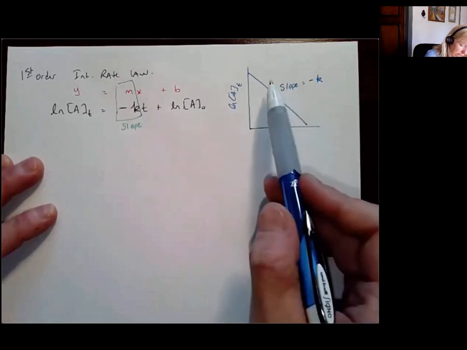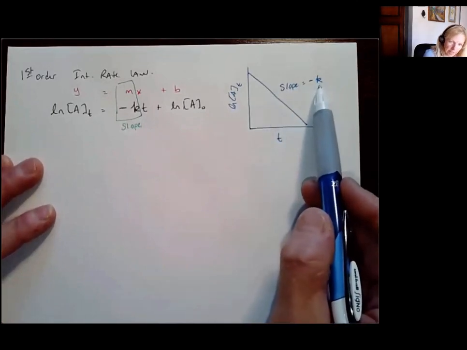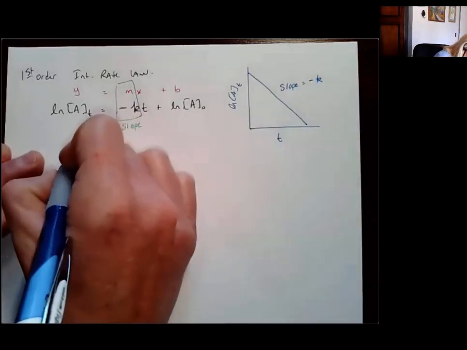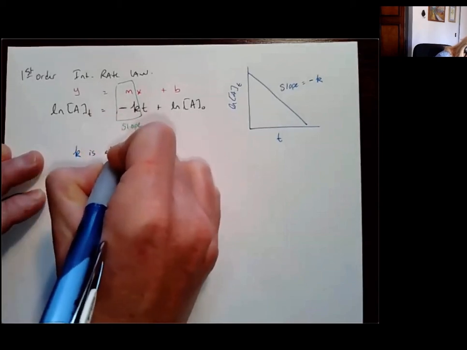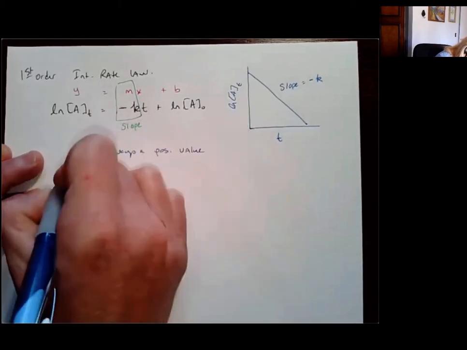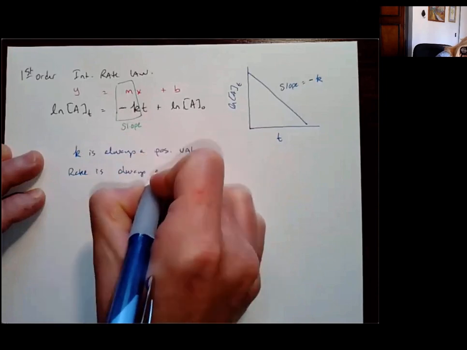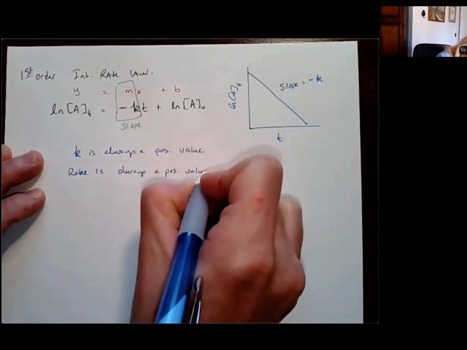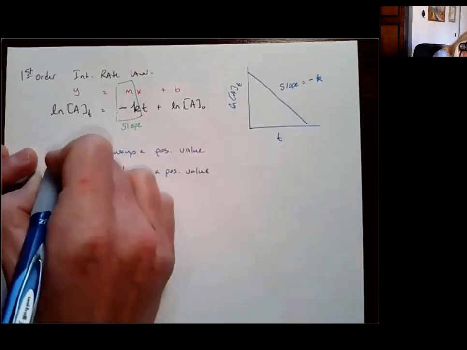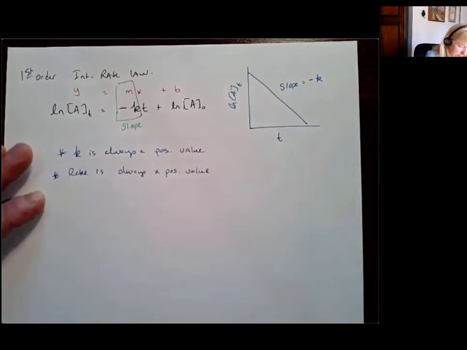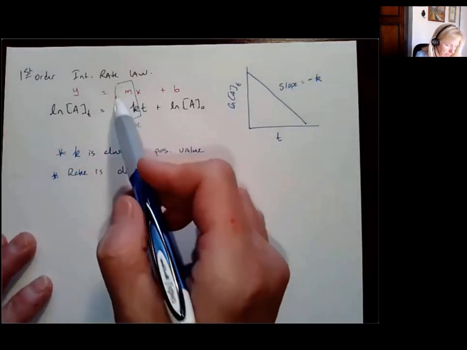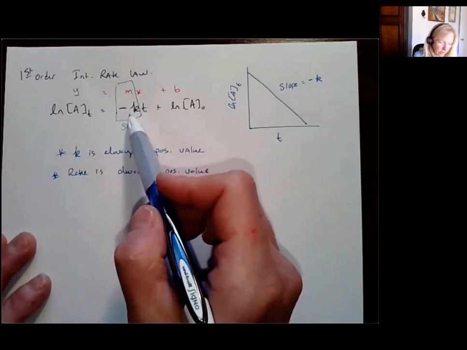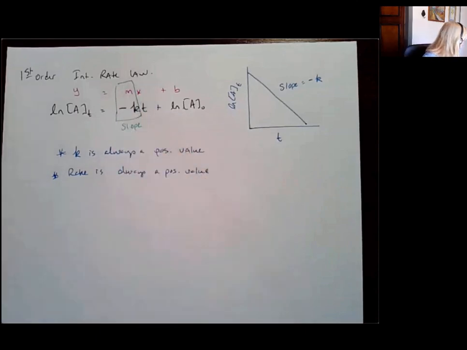So if I have a negative slope, the negative of that negative slope is going to give me positive. So k is always a positive value. Rate is always a positive value. So just something to keep in the back of your mind. So k and rate are always going to be positive. So if I have a negative slope in my integrated rate law, I'm taking the negative of that to get the rate constant. That's first order.